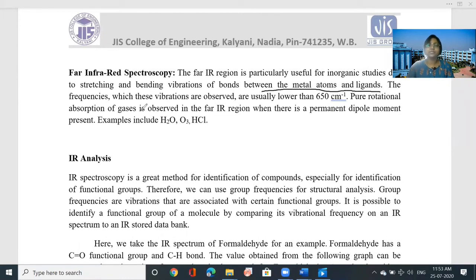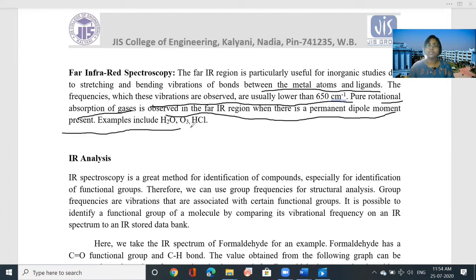The frequencies at which these vibrations are observed are usually lower than 650 per centimeter. Pure rotational absorption of gases is observed in the far IR region when there is a permanent dipole moment present. Examples include H2O, O3, HCl.